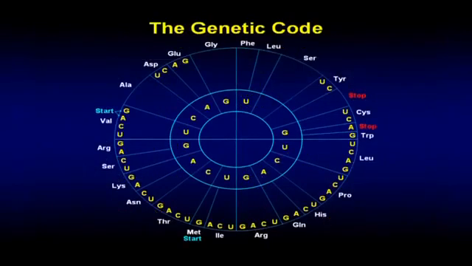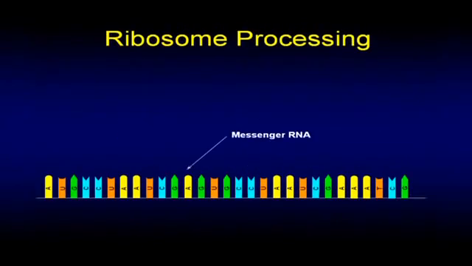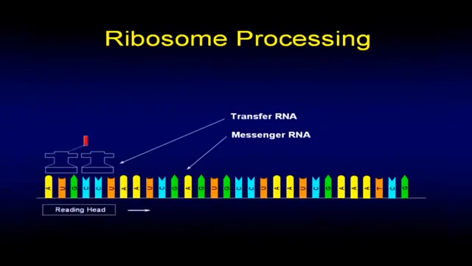Now, the genetic code is simply the alignment of those three-letter abbreviations for each of the different things. There's even punctuation defined in the code, start and stop bits and so forth. Now, the messenger RNA then is met by a protein machine that will transfer that, and as it goes along, it reads like a recording head.